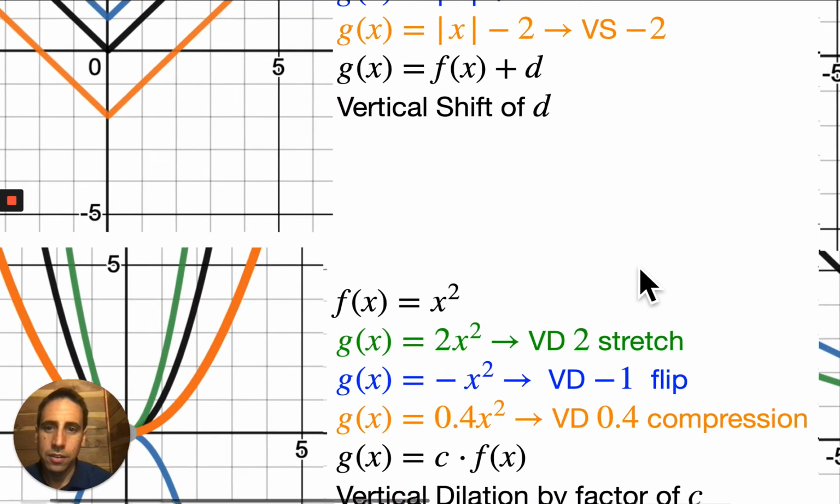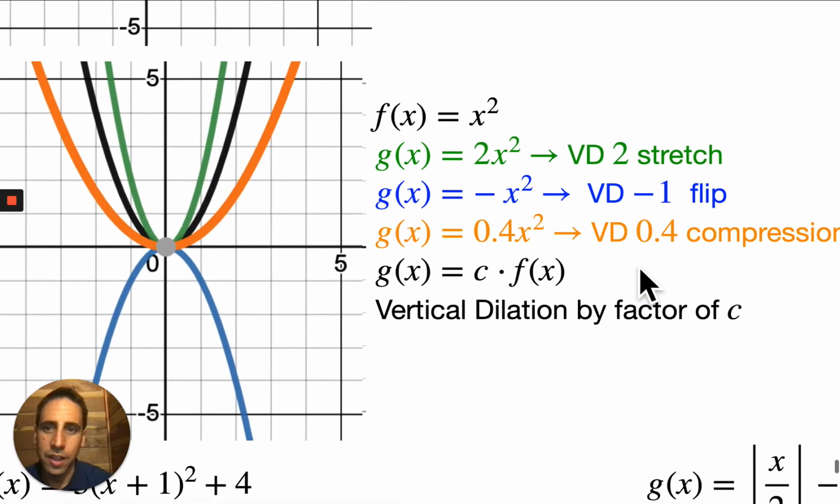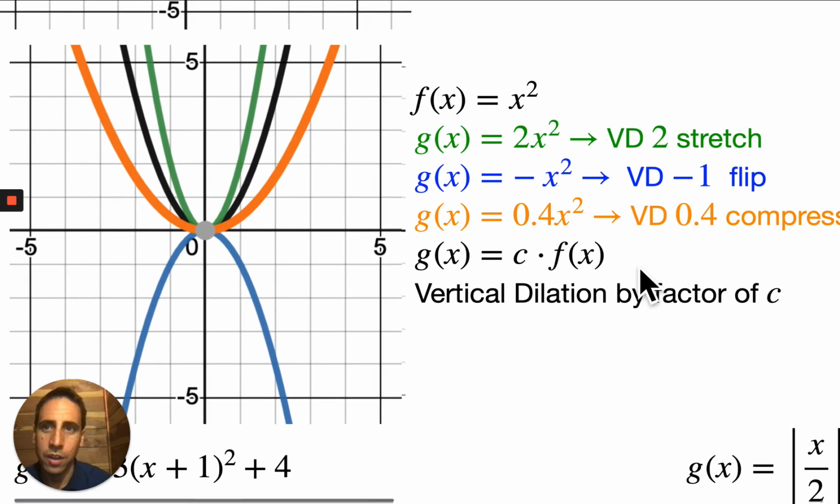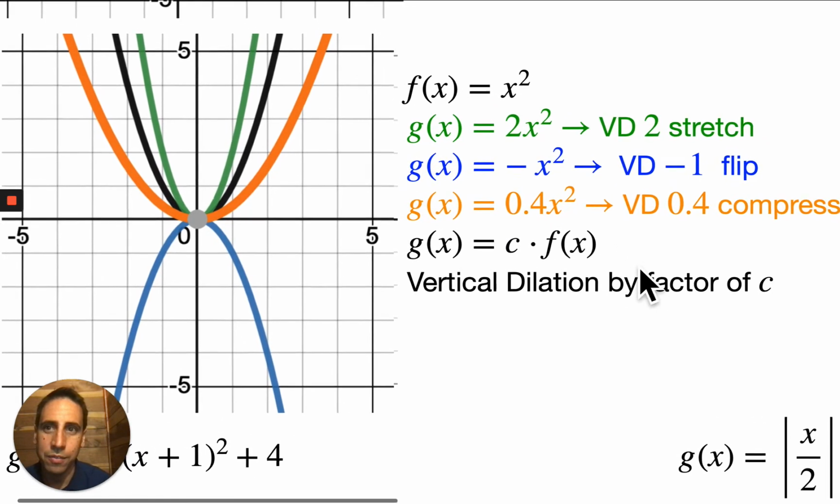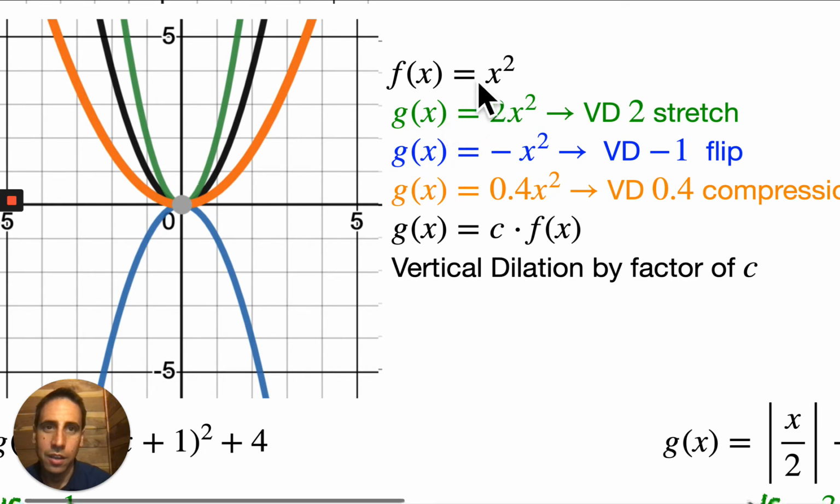We did this a little bit last video also. We put a times 2 outside of the function, meaning over here 2 times x squared would be the transformed version. And we saw that we doubled all the y values, which created this really cool stretchy pattern right here.